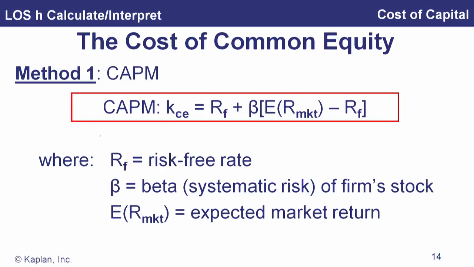just says the required rate of return on the common stock is the risk-free rate plus this beta times what's in these brackets here, which is the market risk premium. It's the extra return over and above the risk-free rate, because we can earn the risk-free rate if we just don't take on any risk.